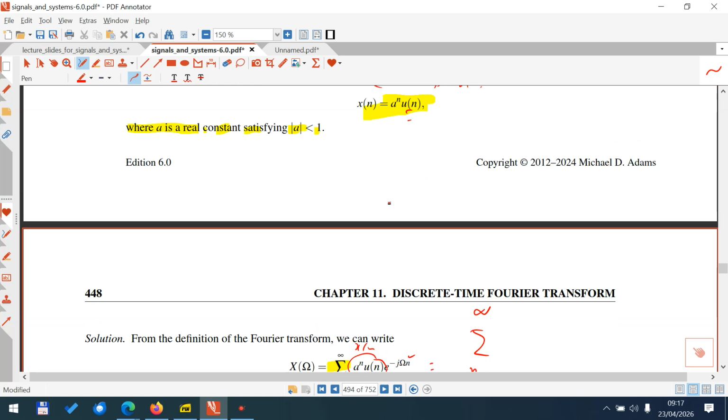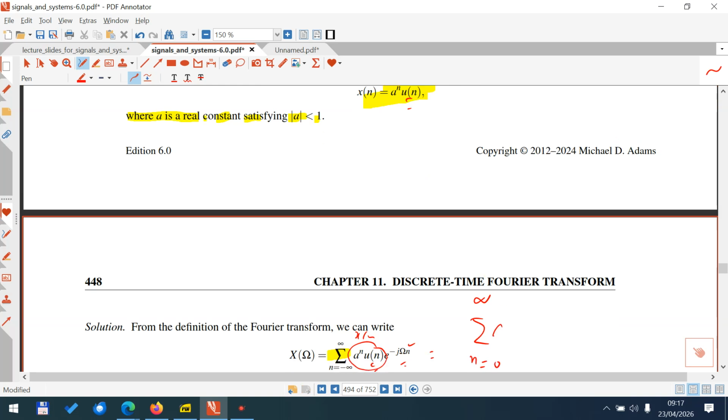So it's now simply a to the nth exponential minus j omega to the nth. And now I can simplify this, right? Now I need to write this as something raised to n so that the common ratio is found. And what is that something? Can you simplify it?